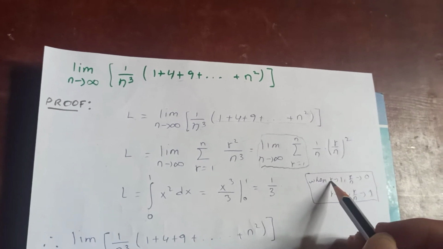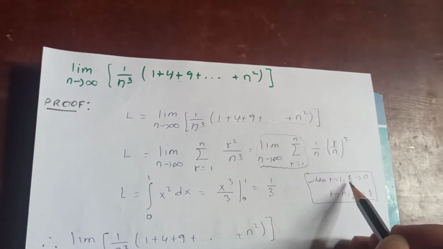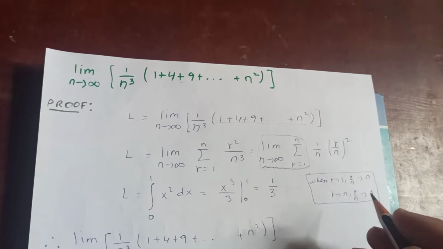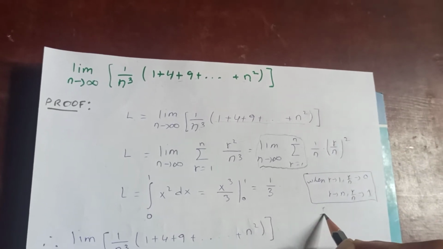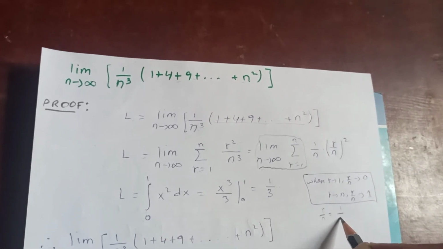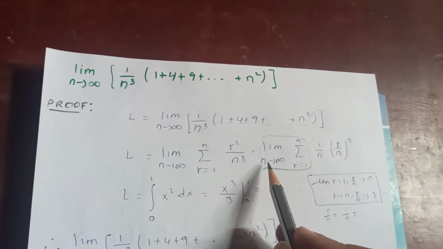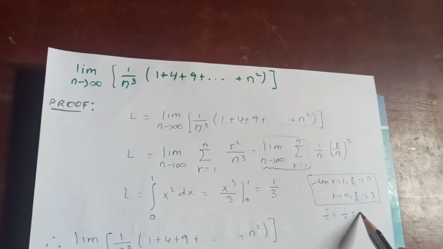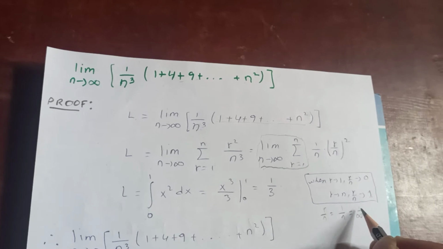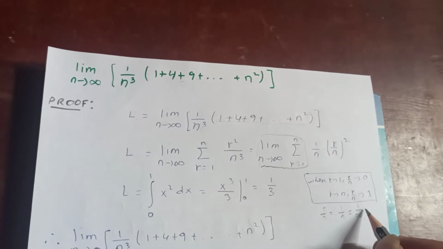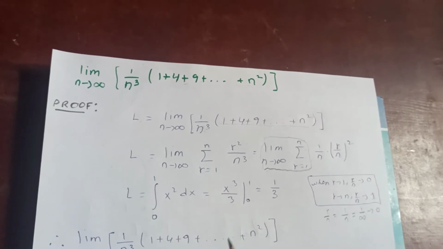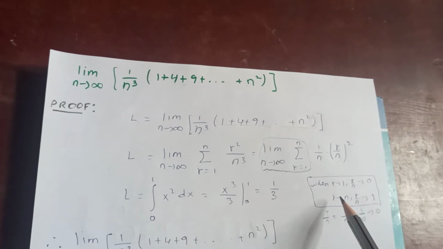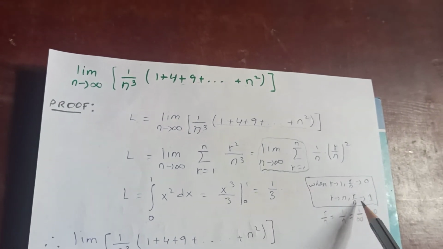When r tends to 1, r by n will tend to 0. Why? Because r by n is nothing but 1 by n, and here we know that n is infinite. When something is divided by infinity, this will tend to 0. That's why 0. When r is equal to n, r by n will be just 1.